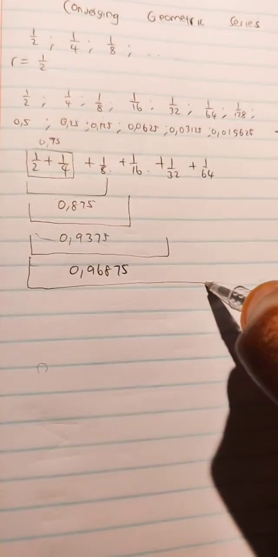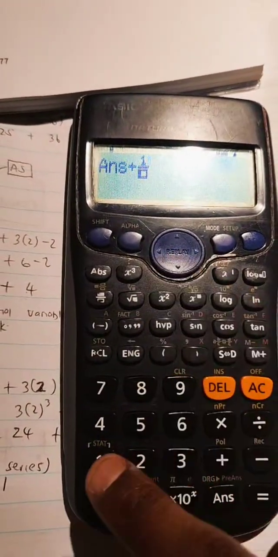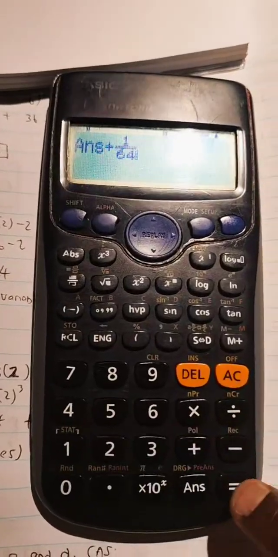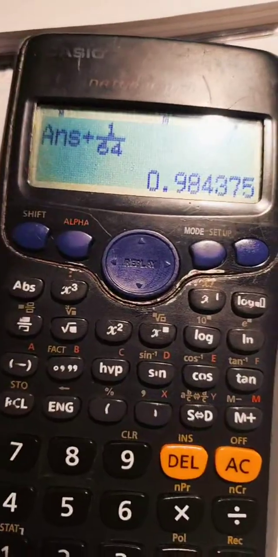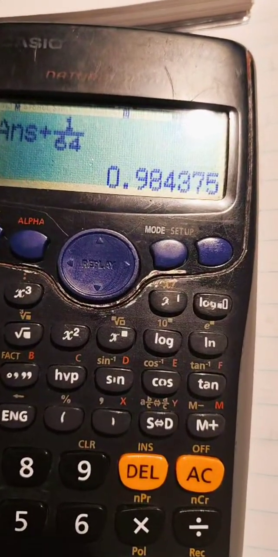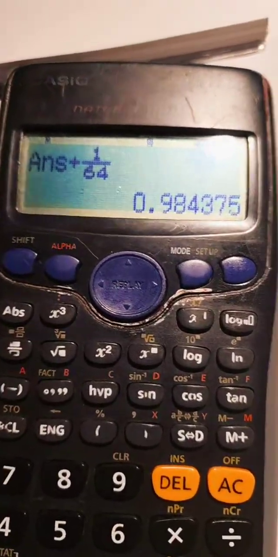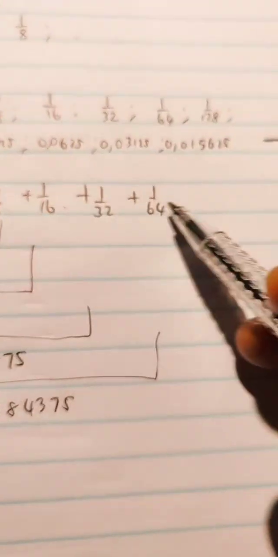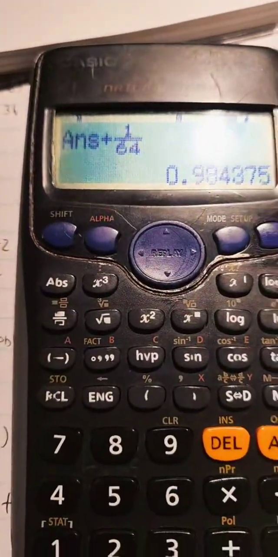Let's add up until 1 over 64. We should get over. Finally, this time around, we are getting over that 1. We get 0.984375. Now, guys, the sad truth, we can continue adding the next and the next and the next number.